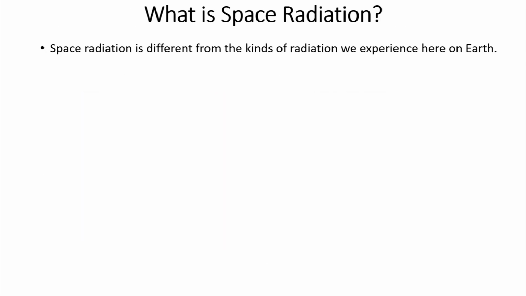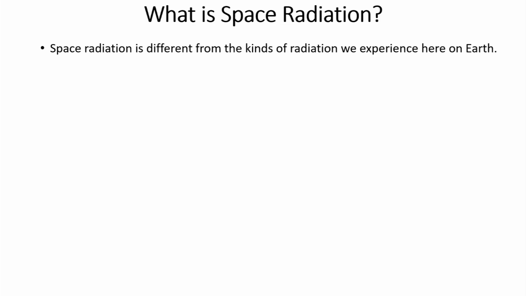So, the space radiation is different from the radiation we experience here on the Earth. Here on the Earth, basically you have visible light and some radio waves, in some frequency bands, which we are exposed to.